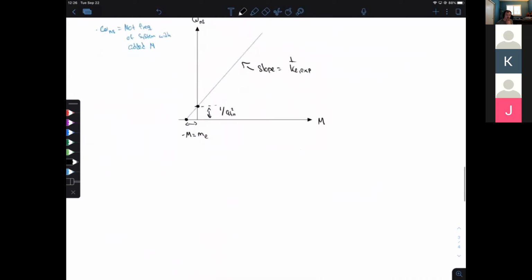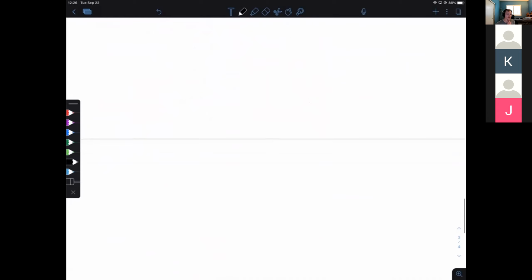Okay, so we have one more thing to go over, and that'll be the theoretical natural frequency of the beam.